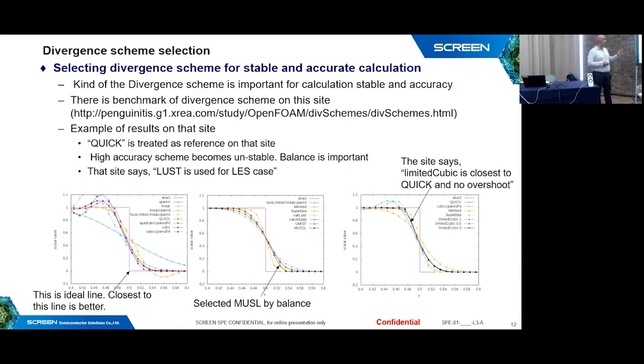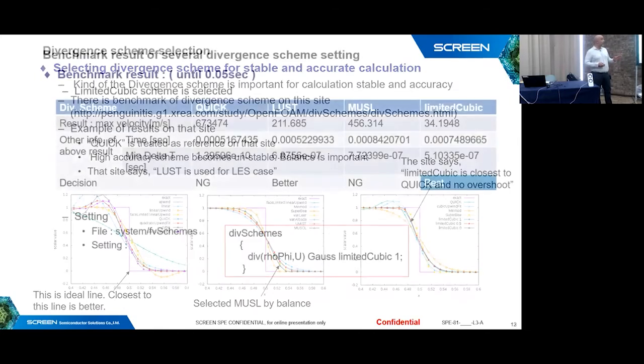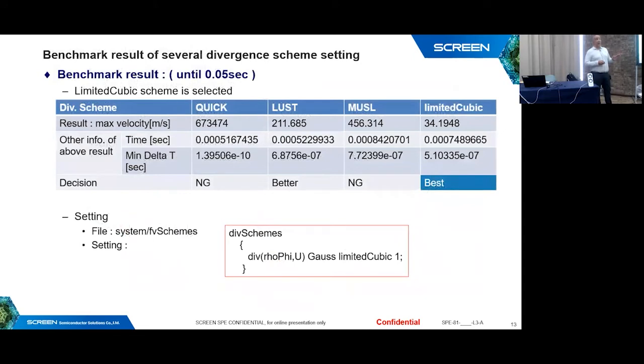As you can see, for example, the blue one, the linear one, and the upwind are not close, or they are creating overshoot, which is not wanted for our system. The best function we found is limited cubic, which is closest to the stepwise purple function. When we do that, we have a realistic speed, which is closer to reality, and also the best accuracy. So that's why we use the limited cubic one in our system.